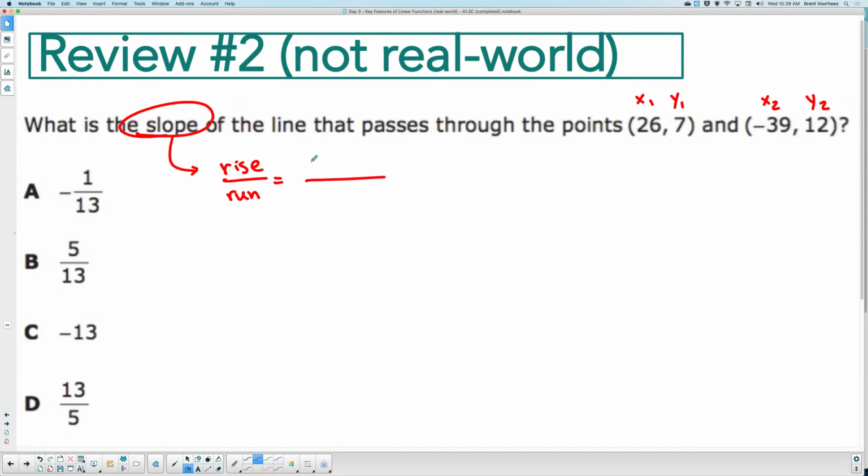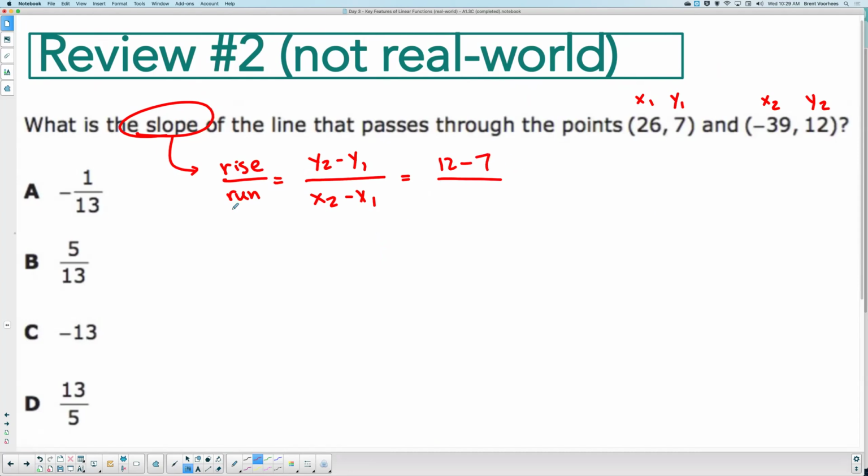Okay, so remember, y2 goes first. Let me just write it out so you can see it again. All right, we're first substituting in y2. What's y2? What is y1? 7.